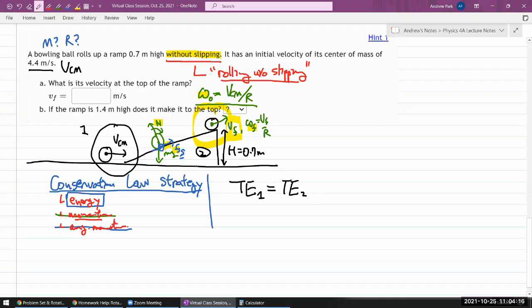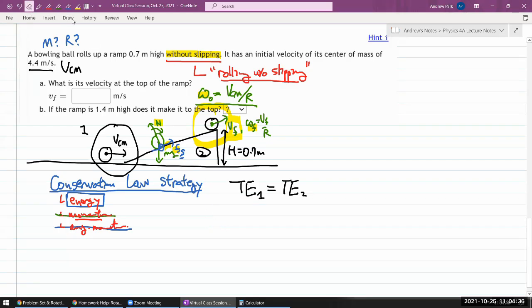So let me first do one thing that I think is a really common mistake for people to make after chapters 8 and 9. As you're writing down these expressions for total energy, it's easy for people to just write this.